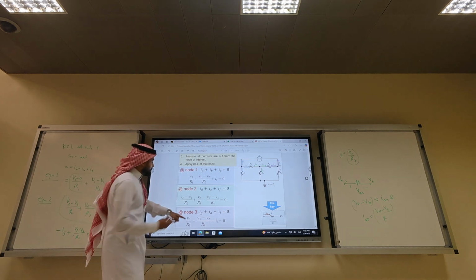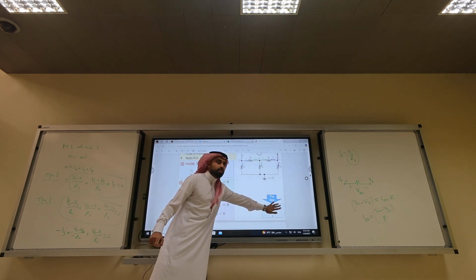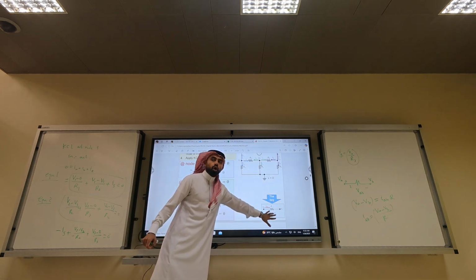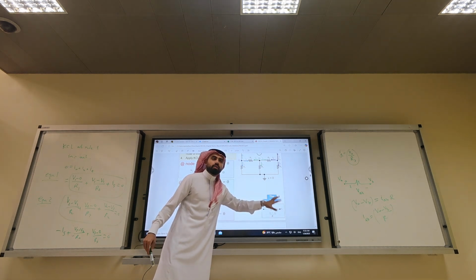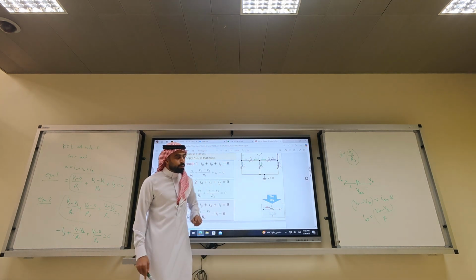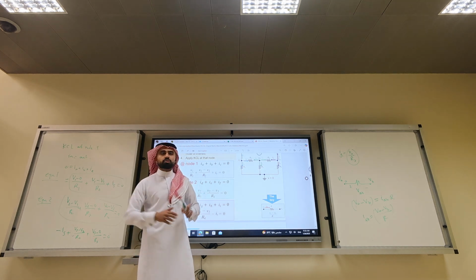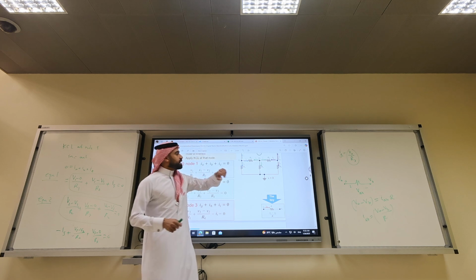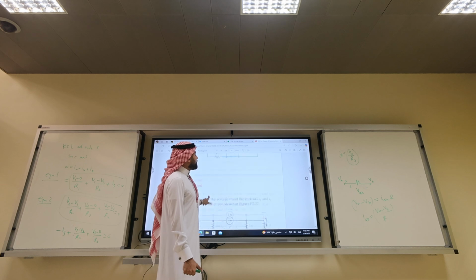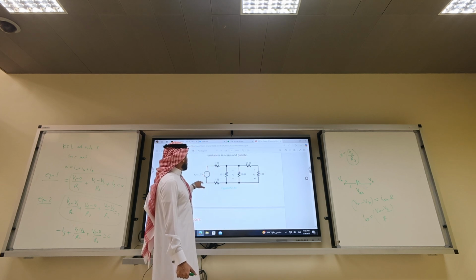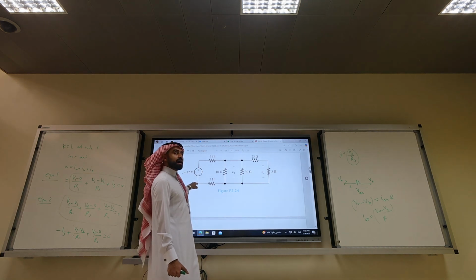So the key here is this equation. 1, 2, 3, that's the key. It comes from Ohm's law, V equal IR, so I equal V over R. What I want you to understand is what we mean by the voltage. In previous examples, this V was actually 12 volts with respect to the reference, which was the ground.